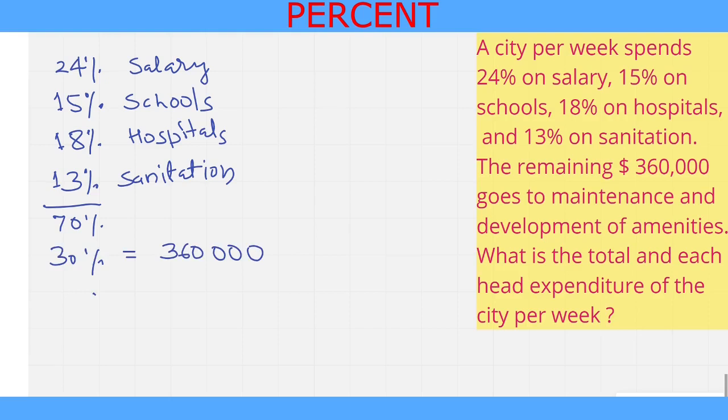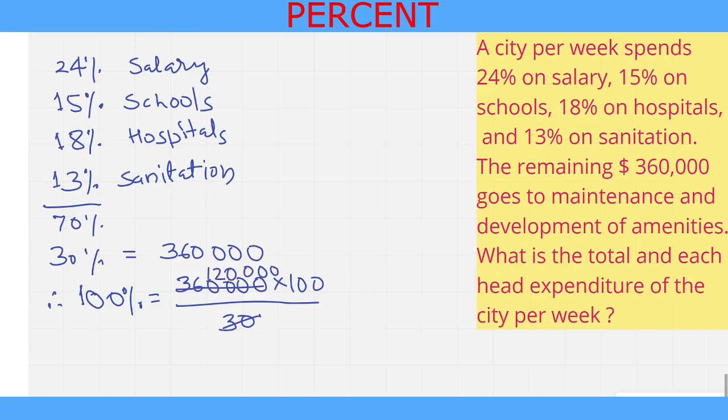Therefore we have to find the 100%. Therefore 100% equal to 360,000 multiplied by 100 divided by 30. 30 cancels 360,000 for 120,000. 120,000 multiplied by 100 gives us 1,200,000.